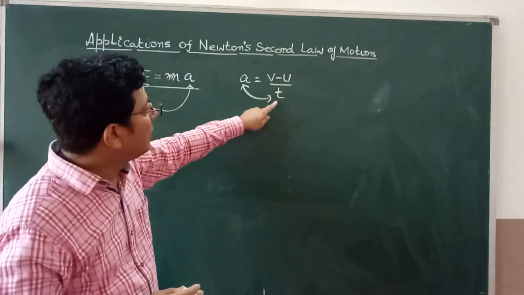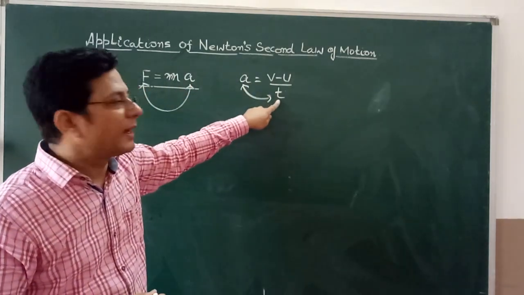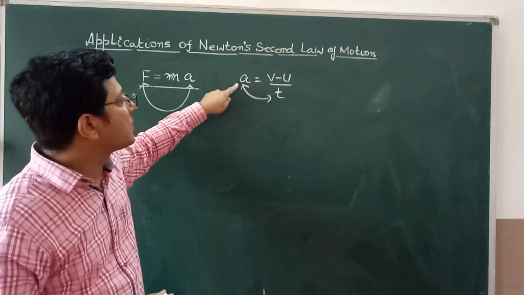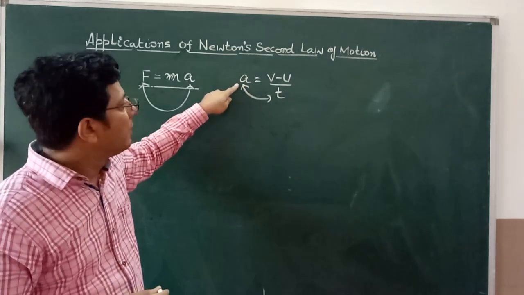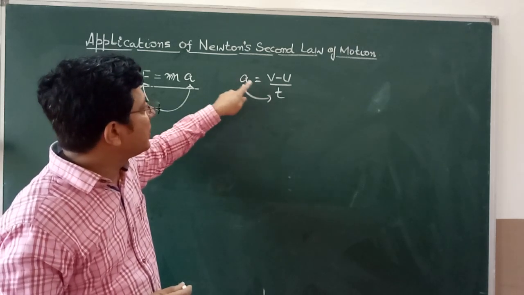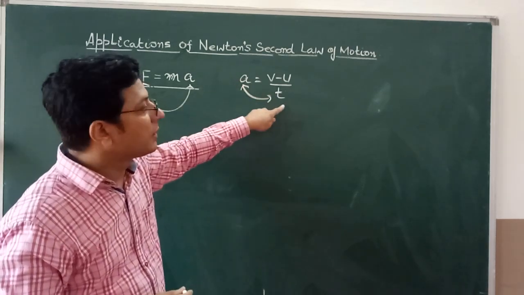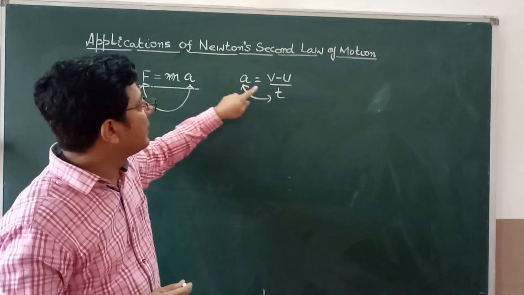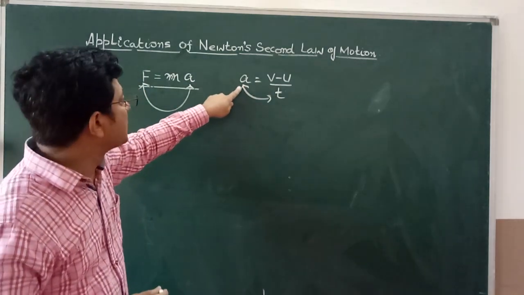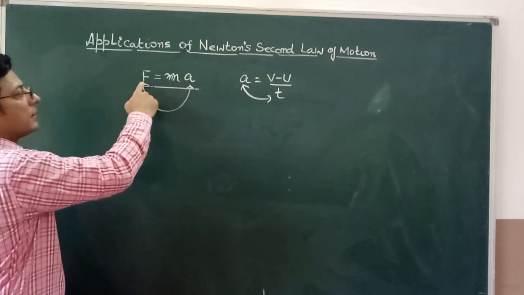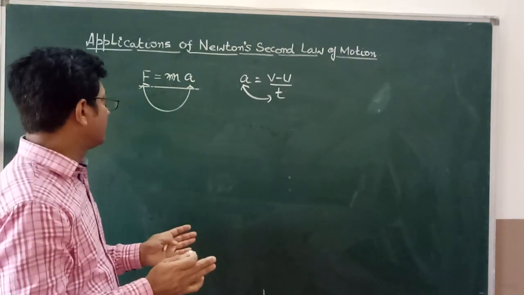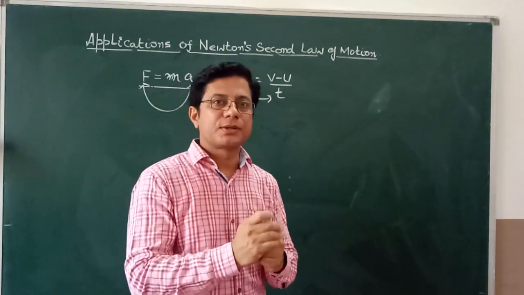Now come to this formula. If catching time is more, then acceleration will be less, because acceleration and time are inversely proportional. Now come to this formula. If acceleration is less, then force will be less.